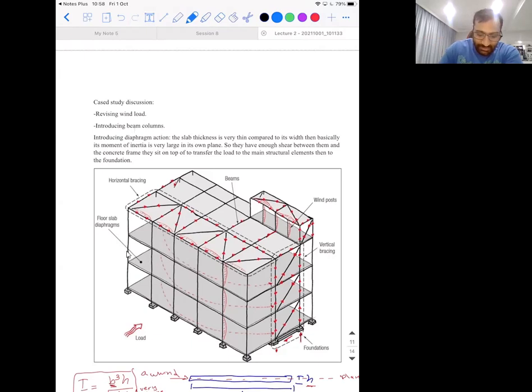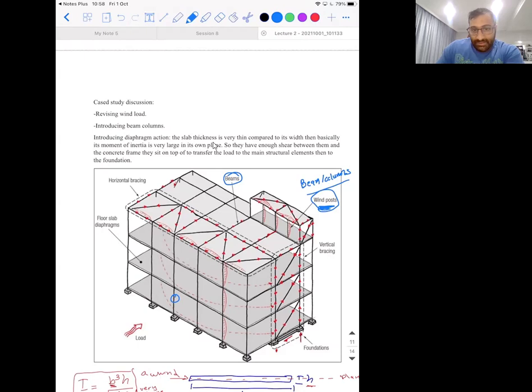So these are columns. These are beams. We have something called here wind posts. Wind posts are basically considered beam columns. We're going to talk about them when we're talking about beams and columns more. Introducing diaphragm action.